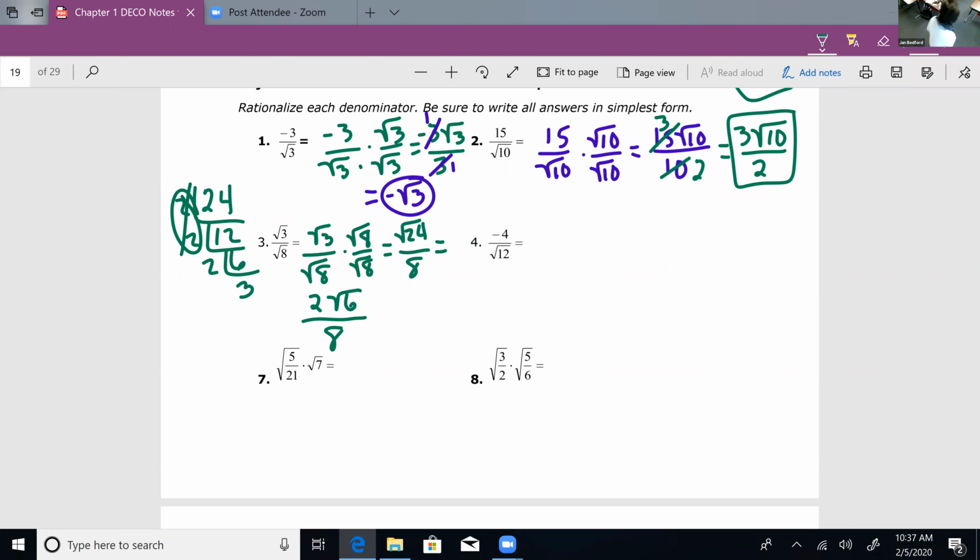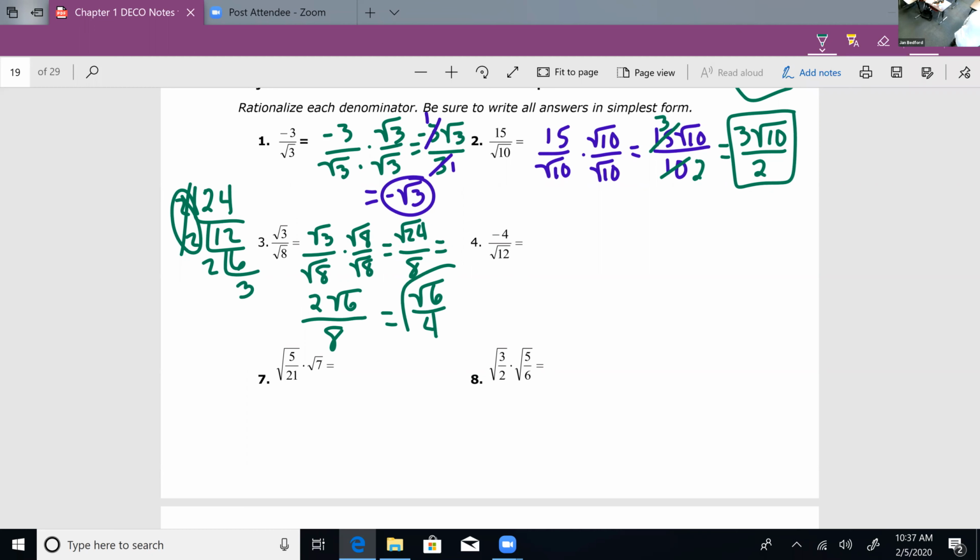Anything else, or are we done now? Perfect. Because that 2 over 8 reduces down, and it becomes the square root of 6 over 4.